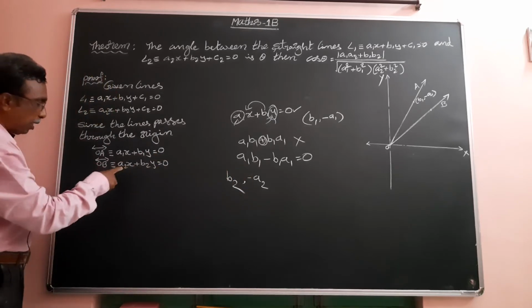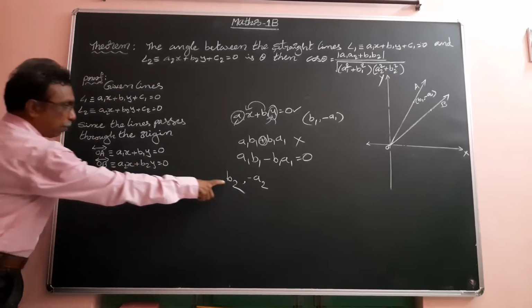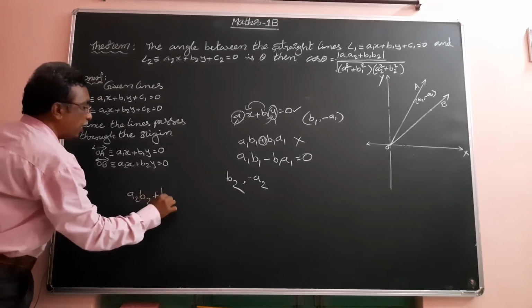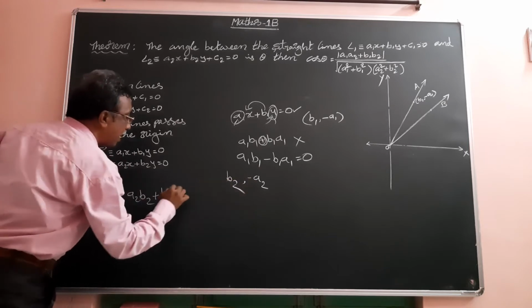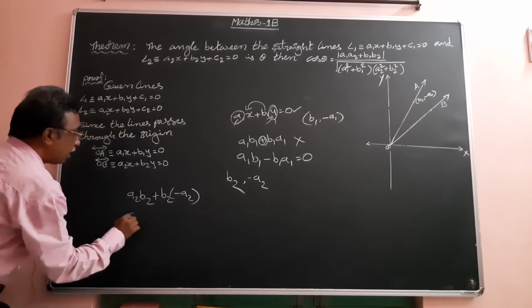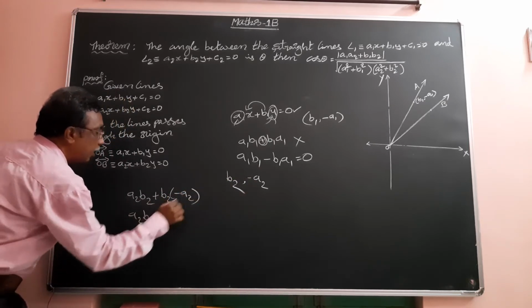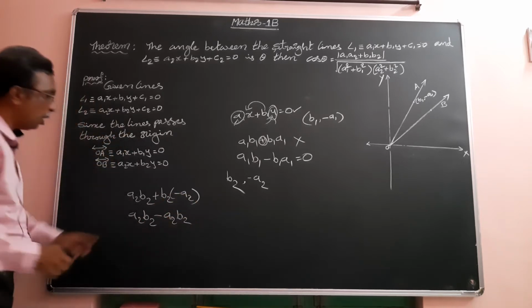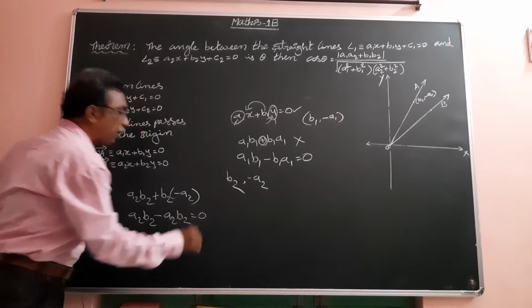So now substituting that point, A2 x means B2, A2 B2 plus B2 into y means minus A2. Now A2 B2 plus B2 into minus A2 means A2 B2 minus A2 B2 equal to 0.